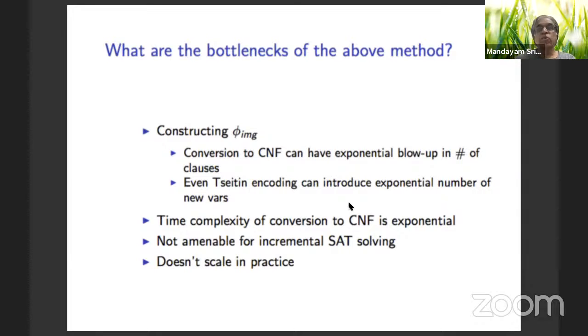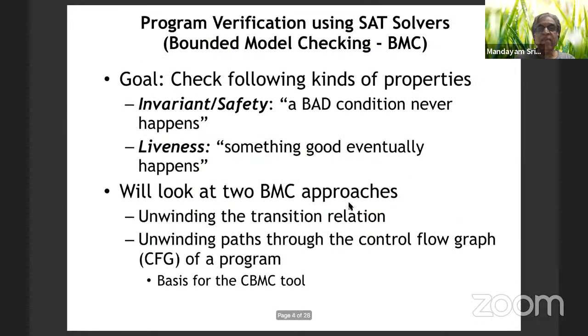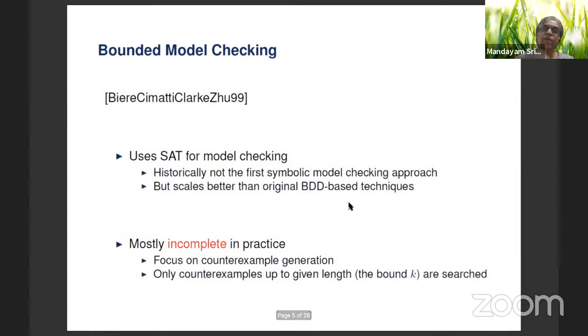Okay. So what is the method that is used? Now there are several methods. Here is a little bit of history. In model checking, BDDs got introduced in around 1975, 1980.